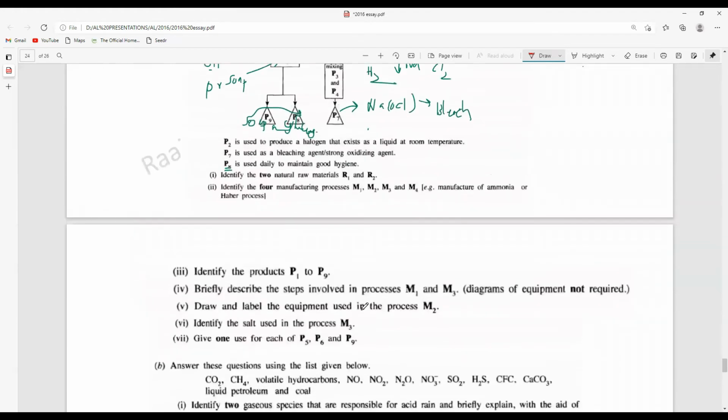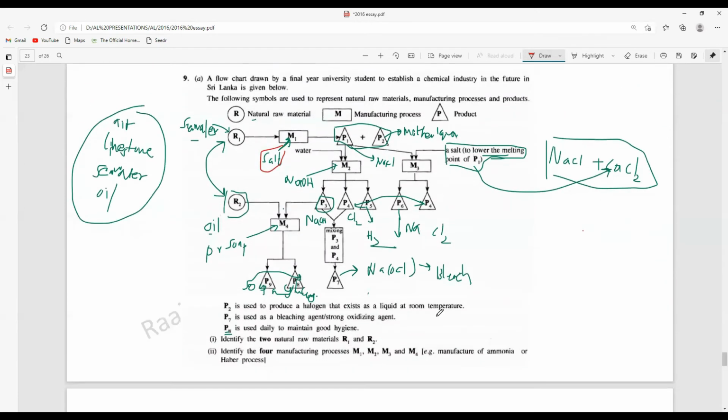Draw and label the equipment used in the process M2. So what is M2? M2 is there in your syllabus. That is the manufacturing of sodium hydroxide. You can draw this one. In your syllabus, you have the diaphragm cell. It's a nice diagram like this.